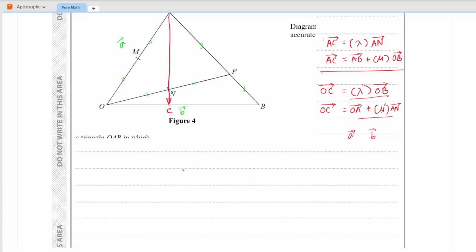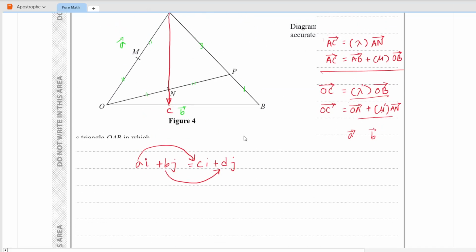But for vectors, that's not the case. You can find the value of multiple variables from one equation. So the way we do it, let's say ai, i is a unit vector, plus bj, j is a unit vector, is equal to ci plus dj. If these two vectors are equal, we can say that a is equal to c and b is equal to d. That's what we do in here.